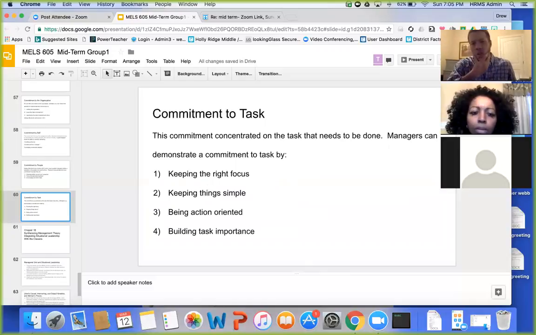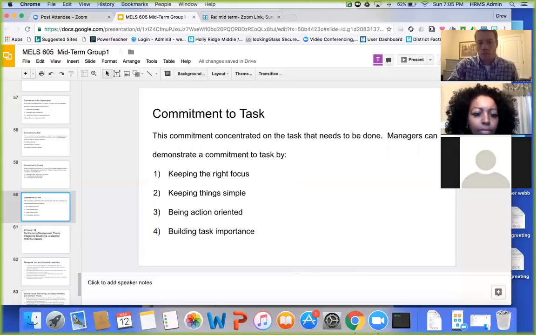The next one is commitment to task. This one is where we focus on what needs to be done. And managers can demonstrate this one by keeping the right focus, keeping things simple, being action oriented, and also building task importance.